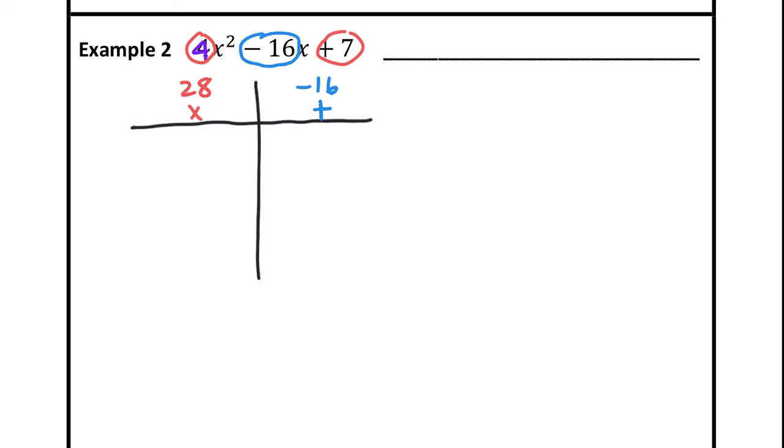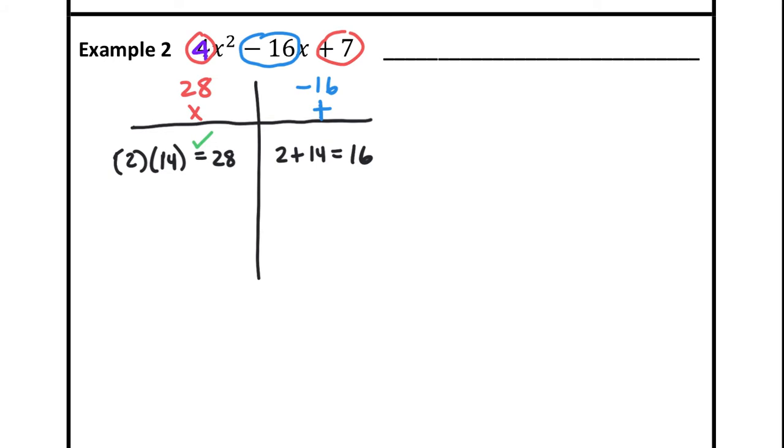And let's try, for example, 2 times 14. 2 times 14 is 28. What's 2 plus 14? That's 16. So the 2 times 14 checks off the multiplication, right?